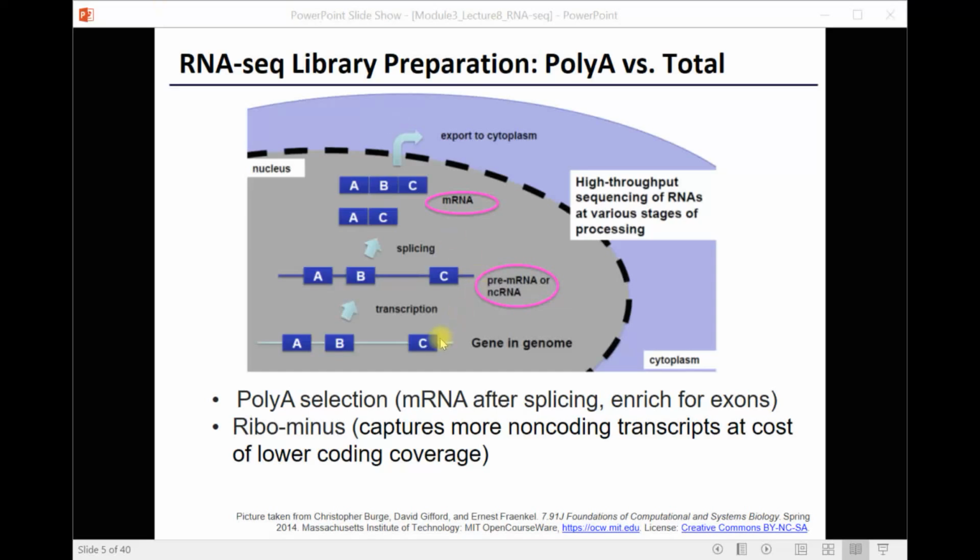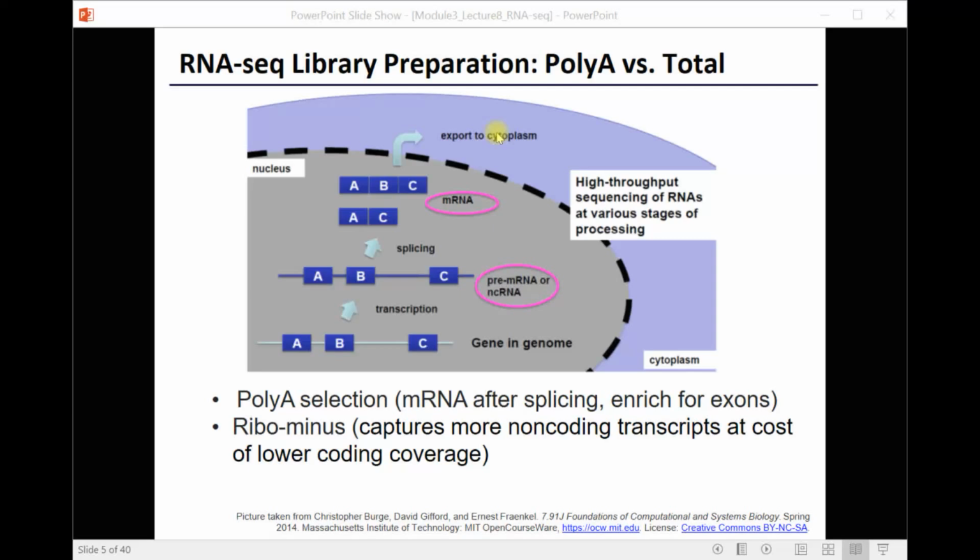Once the primary transcript becomes a mature transcript, it will go to the cytoplasm for translation. So there you only get the exon, but no intron. There is a technique that uses oligo-T to select only the poly-A tail of mature mRNA to enrich exons, and therefore get better signal.